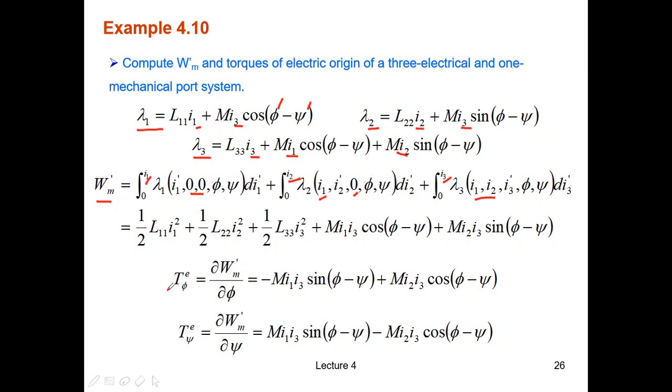To calculate the torque, remember we have rotational angles, so we calculate the torque. The first torque component is calculated as the partial differential of Wm dash with respect to phi, so that is Te phi, and this is Te on the psi axis.